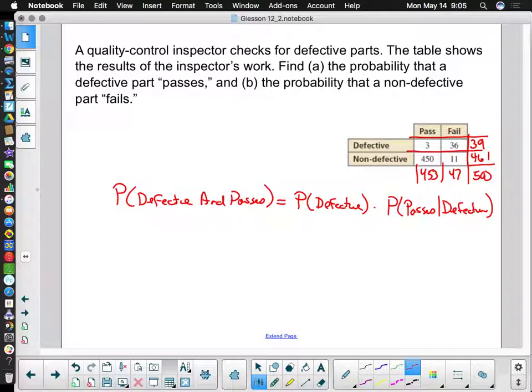The probability of a defective part is 39 out of 500.